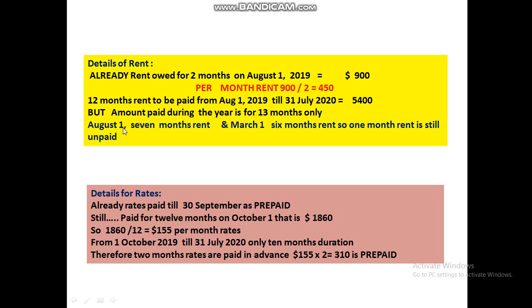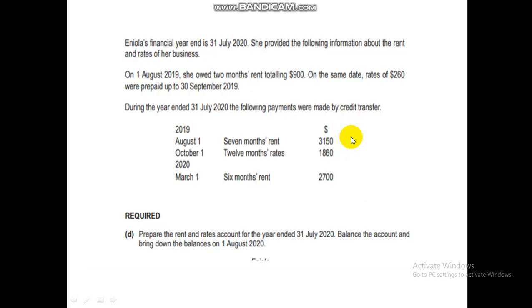How 13 months? On August 1, the rent for 7 months was paid, and on March 1, the rent for 6 months was paid. We got this information from here: 7 months paid on August 1, 6 months paid on March 1.